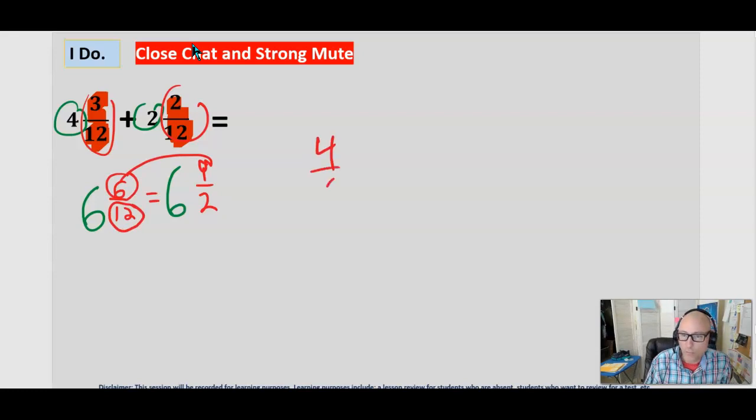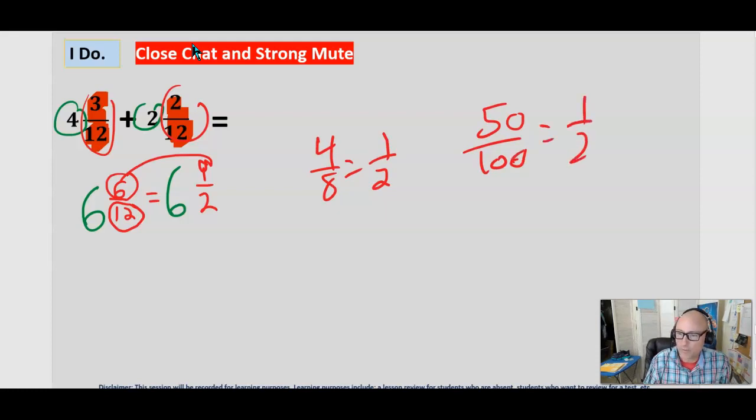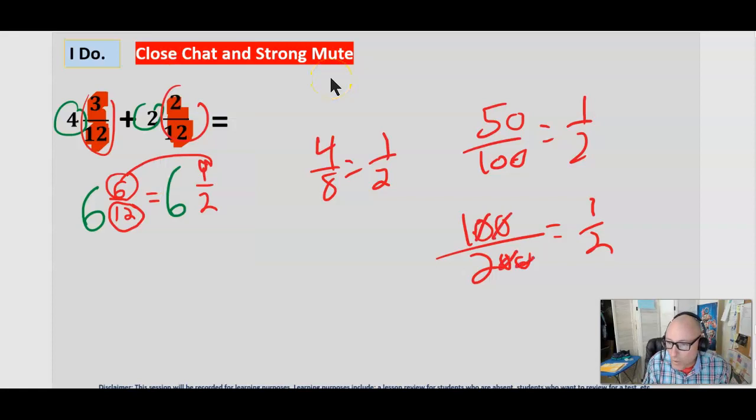Try me. 4/8, 1/2. 50/100ths, 1/2. You guys probably already know this, right? 100/200ths, 1/2. I also like to do this whenever I see zeros. Cancel them out. Look what you're left with. 1/2. Okay.